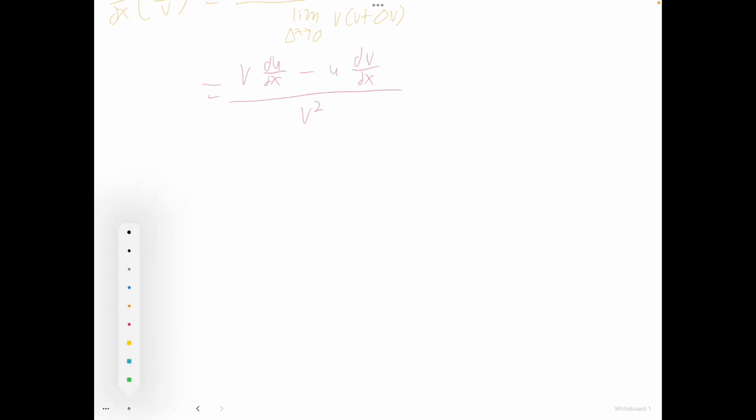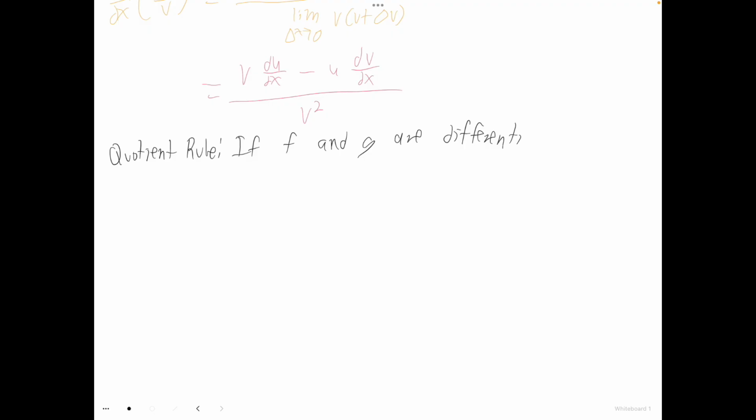So let's write that formula in terms of f and g now. And so this is our quotient rule. And so what we found is if f and g are differentiable, then the derivative of f of x divided by g of x is going to be equal to v, which was g of x.